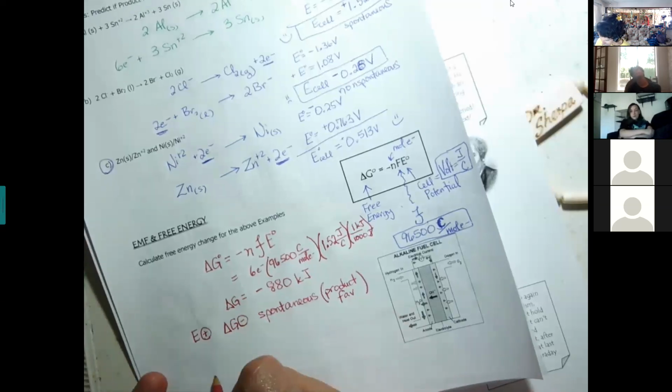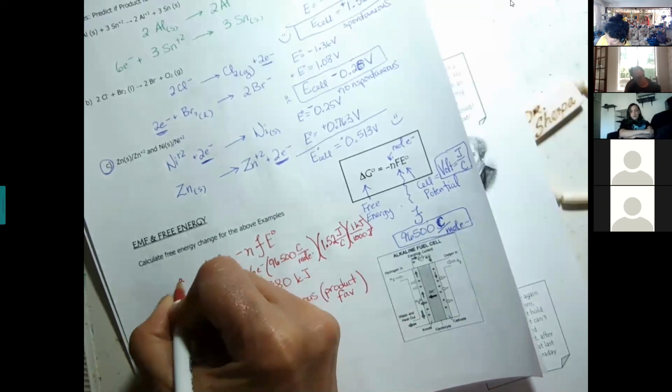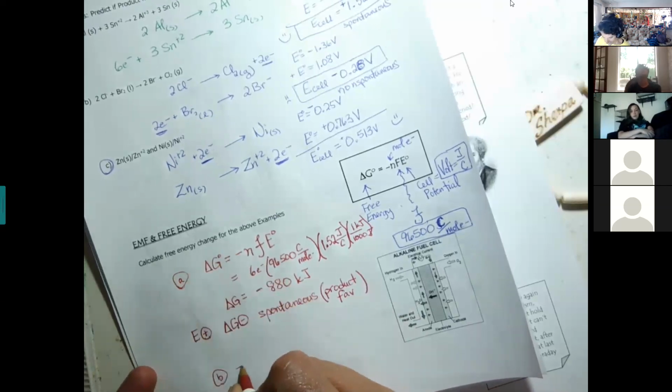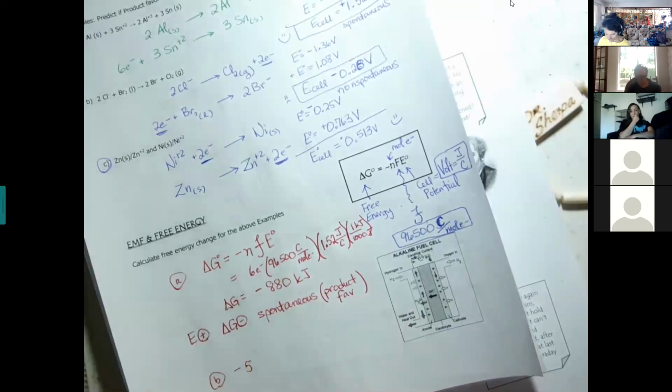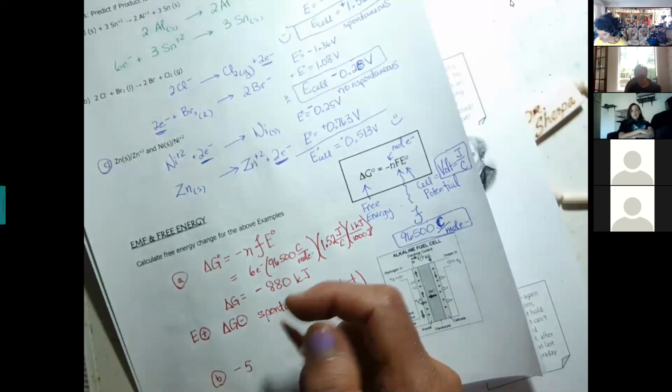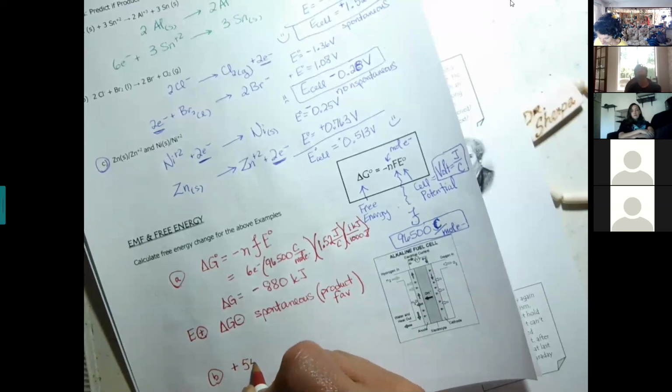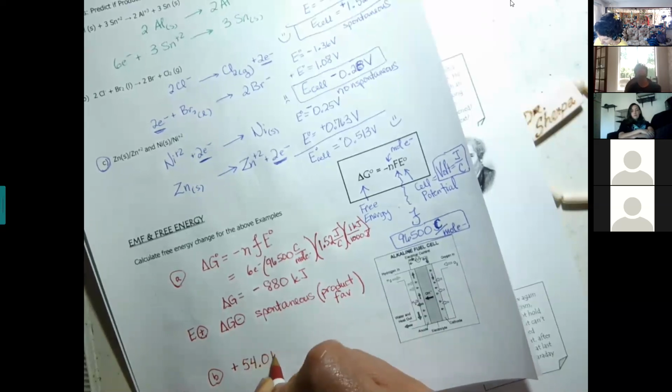So on B, so this was A. For B, I got, my decimal place is off. Yeah, sorry, you'll get a positive 54.0 kilojoules.